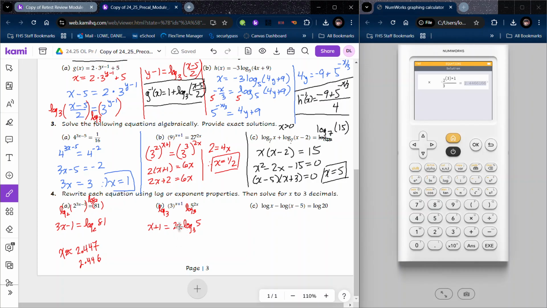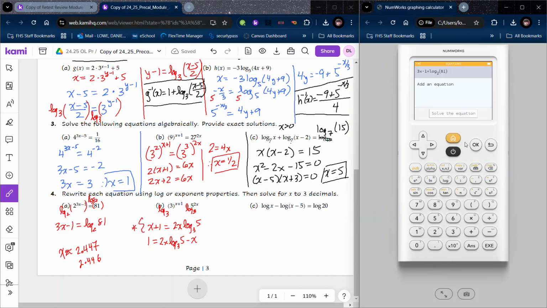Now I'm trying to solve for x, so that means that 1 is equal to 2x log base 3 of 5 minus x. There are properties of logarithms that I could work with, but really I want to make sure that we understand and can get to that first step there.